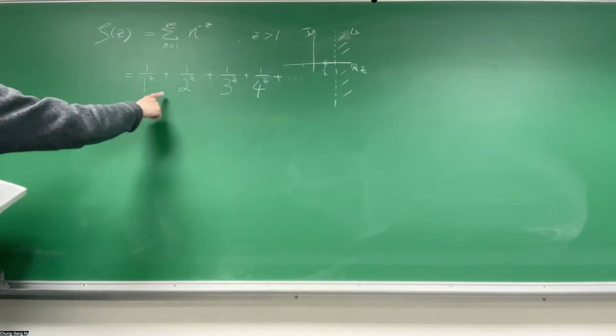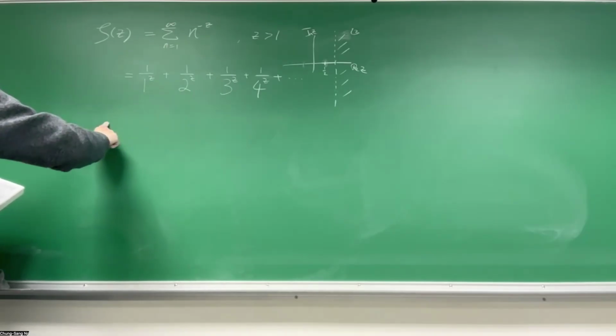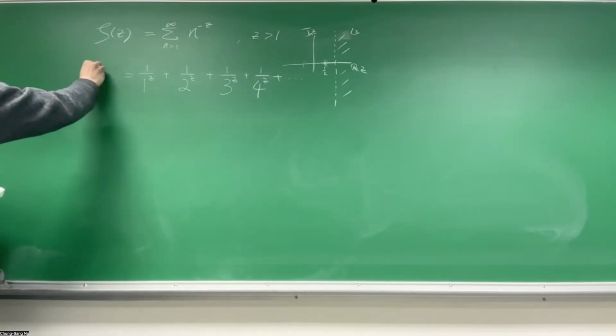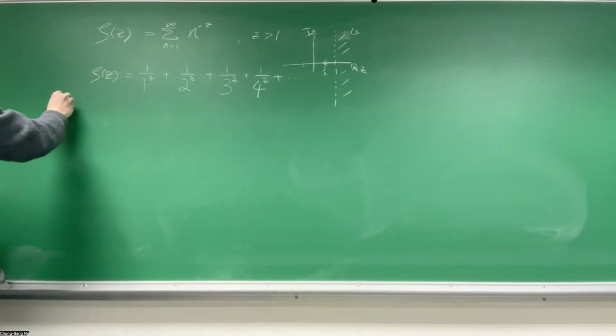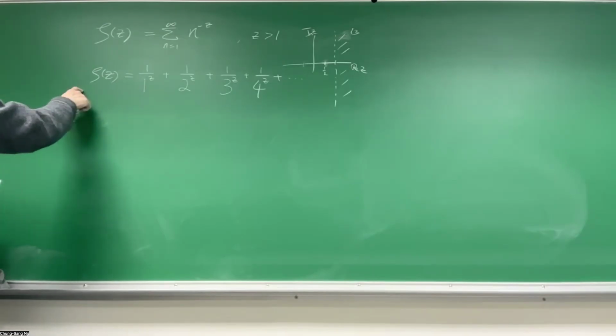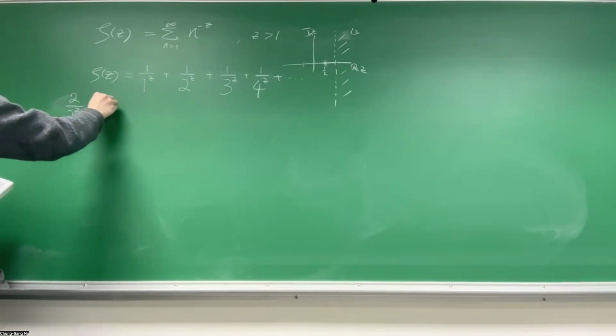Because we want to make it alternate. If you multiply by 2, so this is zeta z, we multiply by 2 times 2 divided by 2 to the z. We will do that.